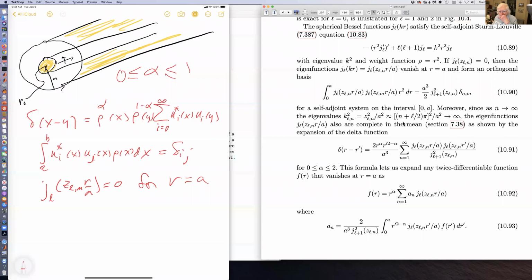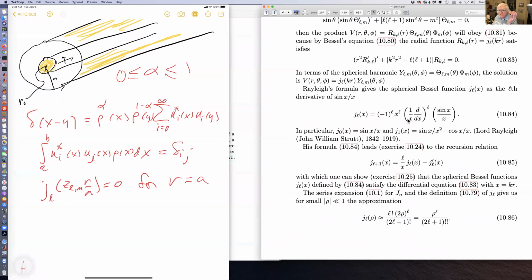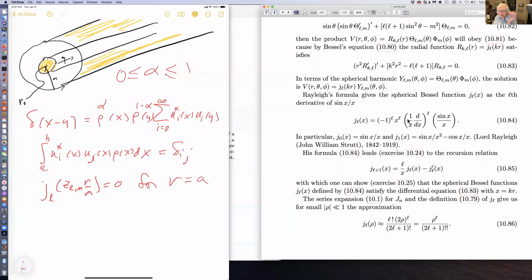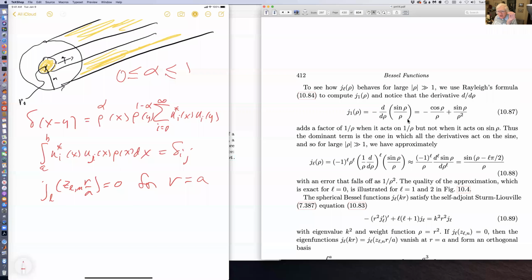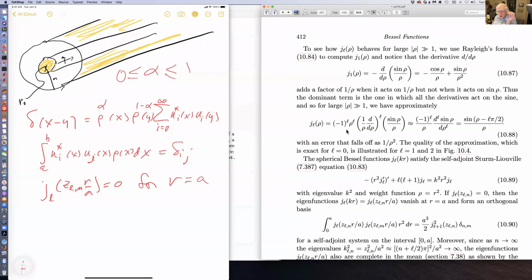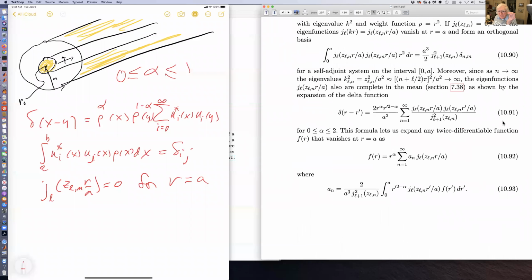And you can see what the eigenvalues are just by looking at the formula for J_L of rho at large rho. You see the eigenvalues are L pi over 2.